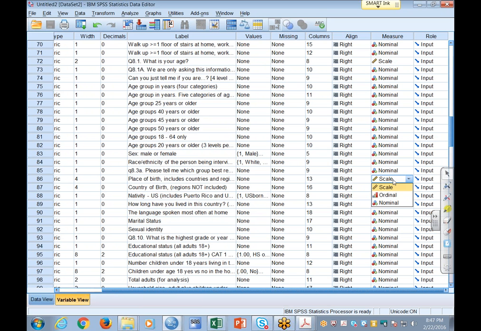Now, you may need to examine this because, for instance, I could tell that there's a few places where it got it wrong. Place of birth. It thought it was a scalar variable. Why did it think it was a scalar variable? Because it may be that there are many conditions that they gave them. For instance, they might have a number for each country or something like that, or a continent or something like that. So it could be there were 80 choices there that the surveyor could use.